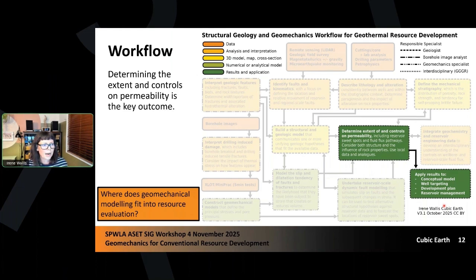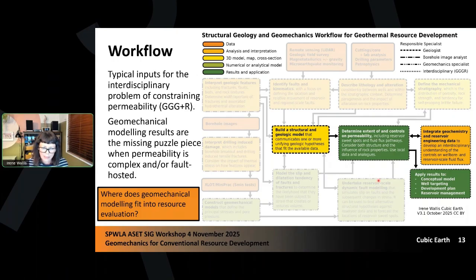So historically, our key inputs would be through the structural and geologic model, which generates that spatial three-dimensional framework. And then that interdisciplinary integration, geothermal resource teams work in a very close interdisciplinary way between reservoir engineering, geology, geochemistry, and geophysics, all to come together around these problems.